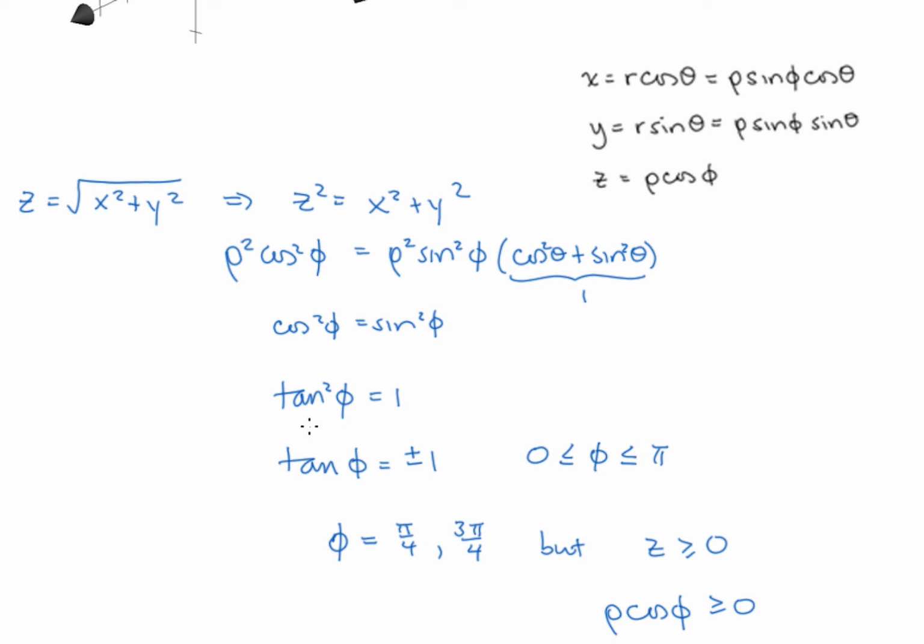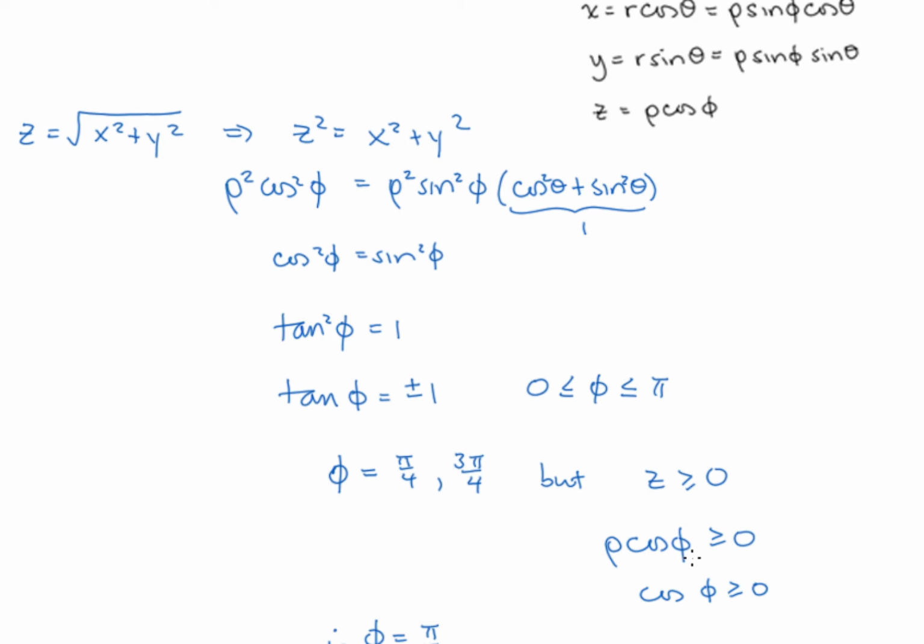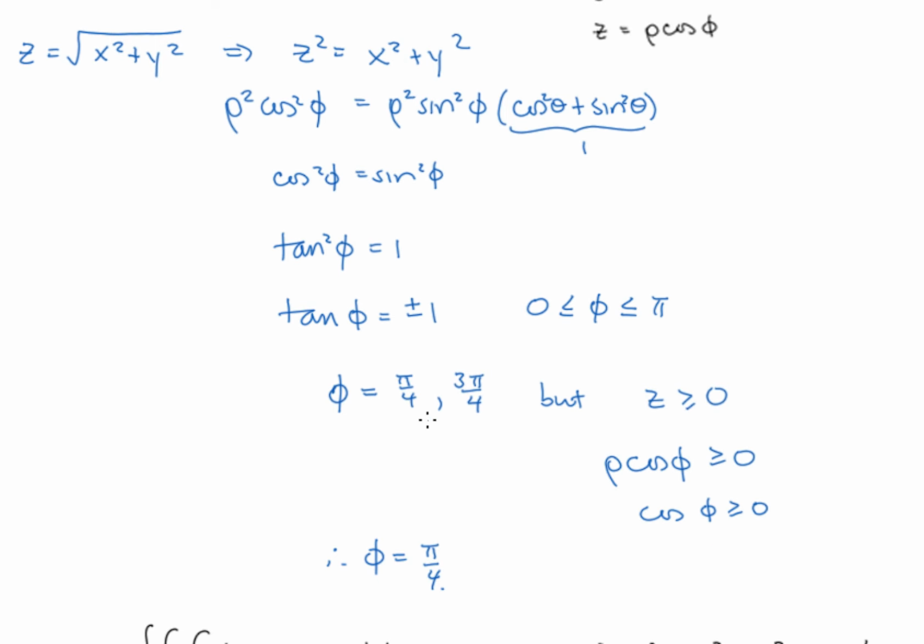But we also know that z is a positive radical here, so z must be greater than or equal to 0. z is equal to rho cosine phi. Rho is always greater than or equal to 0, so that tells us that cosine phi must also be greater than or equal to 0. So which of these values has cosine positive? It's the pi over 4. So phi is equal to pi over 4 for the cone.